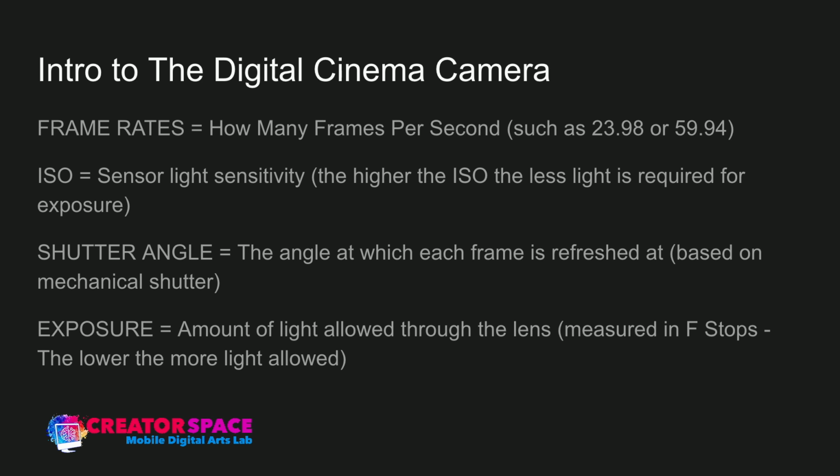The traditional shutter angle, to make this long story short, is 180 degrees. That 180 degrees was more of a practical purpose to make that shutter spin. Think of it like a semicircle. If I'm straight like this and it's spinning, it spins around and it closes.